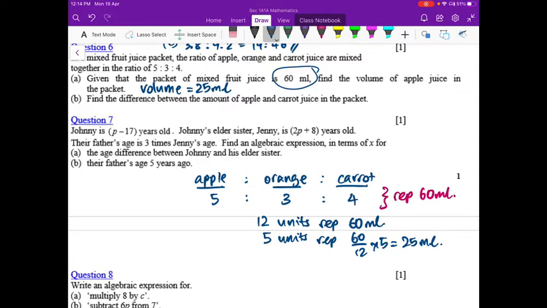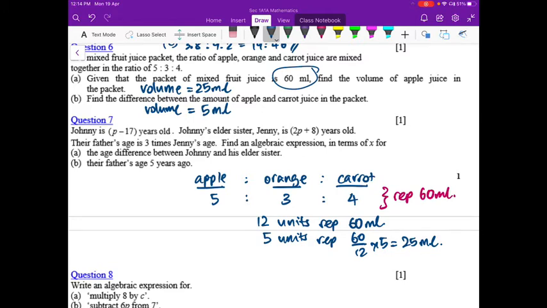Okay, so how much is that 1 unit? 12 units now represent 60 ml, isn't it? Then 1 unit represents 60 over 12, so you get 5 ml. Okay, the difference is 5 ml.